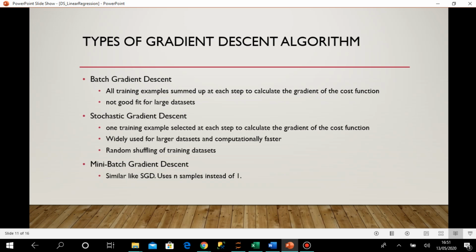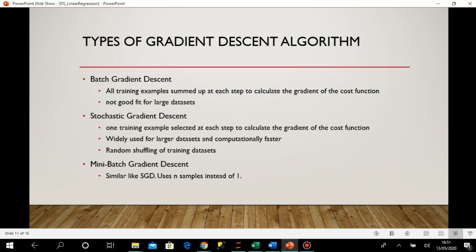Here the entire set of training data is taken, then it is summed up, and only then is the gradient of the cost function calculated, meaning the next set of values of m and b is calculated based on the entire training data set. So you can understand that when it is a huge data set, it is not a good idea to implement this.